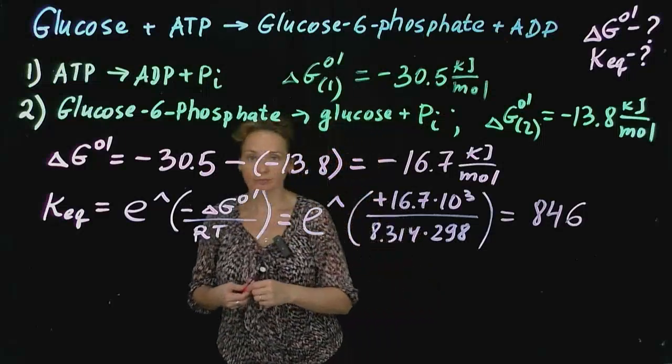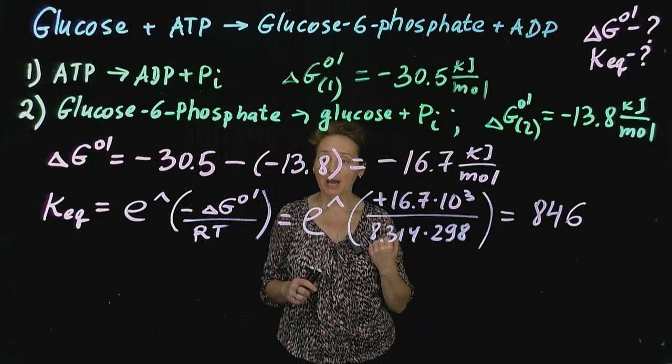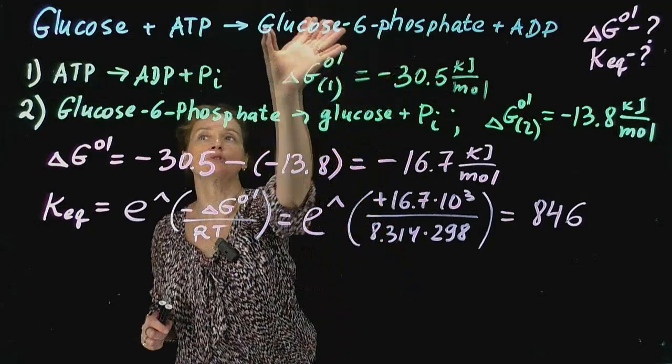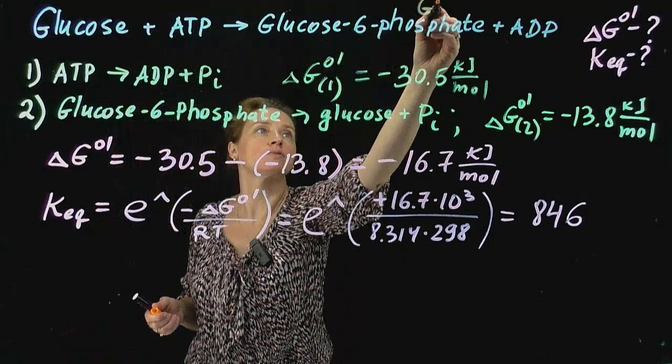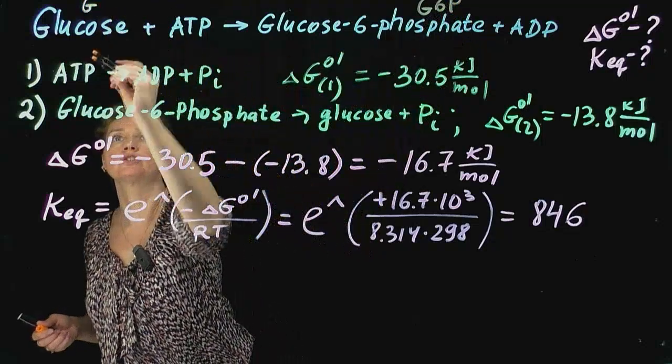So now, what if we want to determine the maximum achievable ratio of glucose 6-phosphate over glucose? And I'll shorten glucose 6-phosphate into G6P, and glucose will be just G, right?